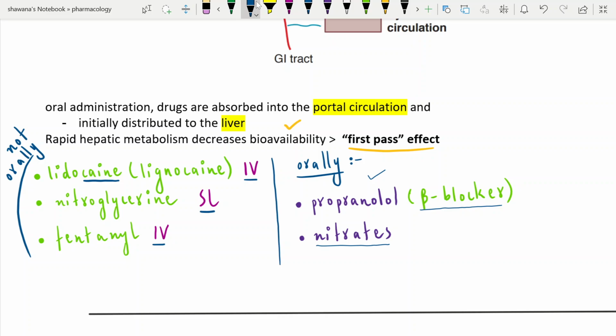Because after the first pass effect, a particular fraction of the dose is still remaining that is beneficial to us. But in the former condition, the first pass effect is so drastic and dangerous that there is no benefit in giving these drugs orally. So we give them intravenously or sublingually, which is directly administered into the systemic circulation.